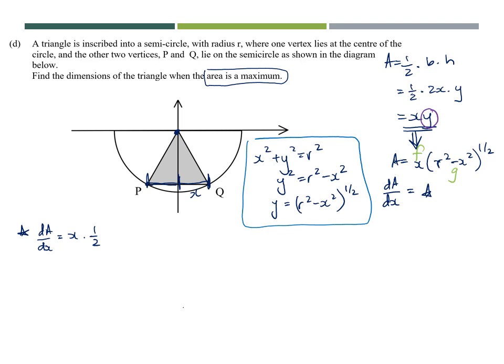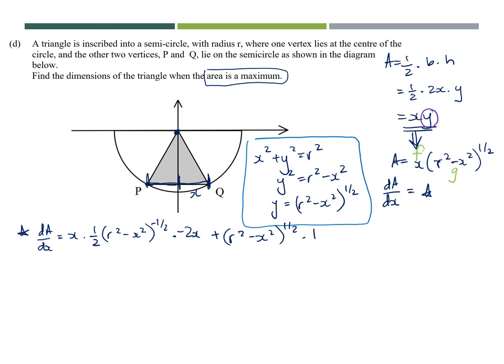That's the chain rule. It's going to be a half, lots of r squared minus x squared, all to the power of negative a half, times the differential in the bracket, which is negative 2x, plus write down the second, r squared minus x squared, all to the power of a half times 1.